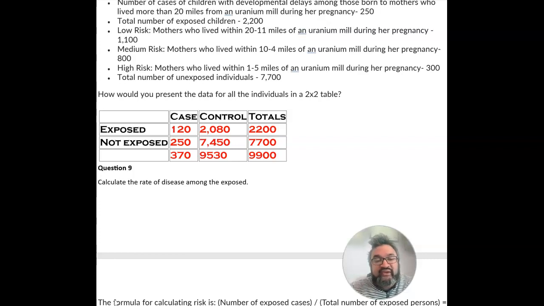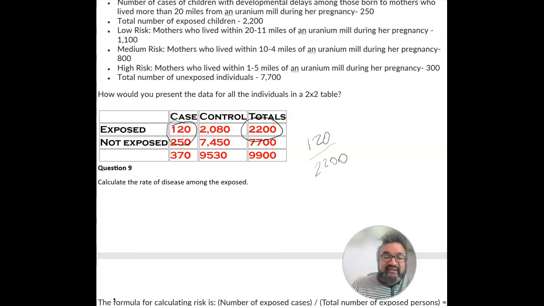I'm going to circle the numbers that you need. 120 is the cases exposed, and then the ratio would be 120 over 2200. You can calculate this individually, or calculate it once the formula is in. So this is the answer to number 9.